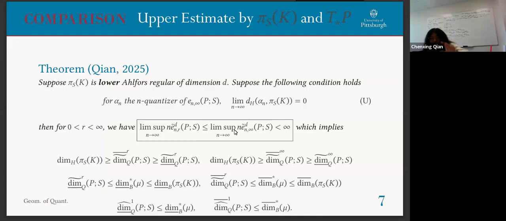From this quantity, this implies that the quantization dimension, when r is equal to infinity and when r is not equal to infinity, is bounded above by the Hausdorff dimension of the projection set. And in a very traditional way, if we have the results on the Hausdorff dimension, we can extend this result to the box dimension here.